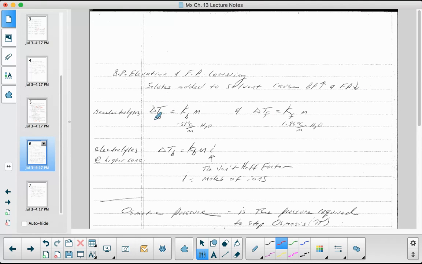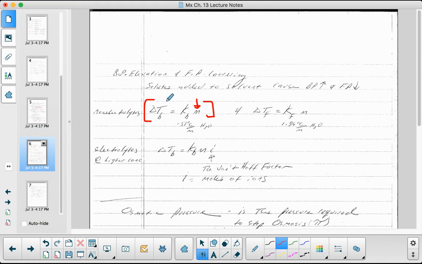So if it's a non-electrolyte, in other words, a covalently bonded molecule that doesn't break up into ions when it dissolves in water, this is your equation. It's delta T_B equals K_B times little m, right? That little m there, that's molality, not molarity. We talked about those differences when we talked about concentration units.